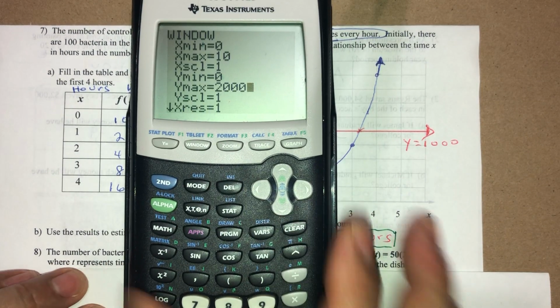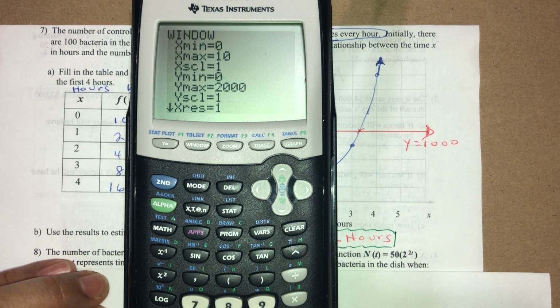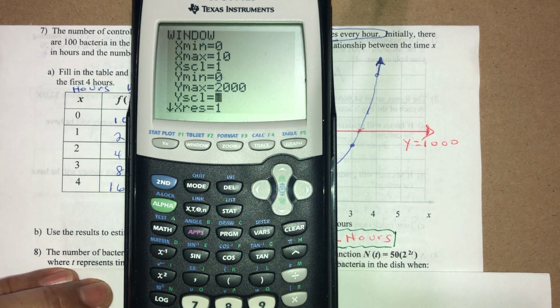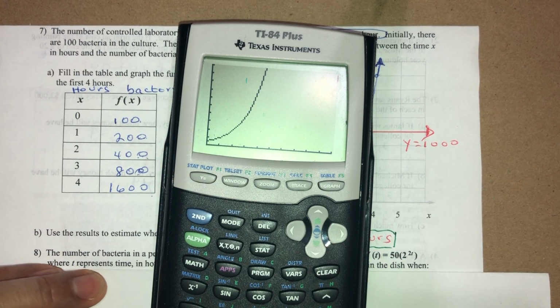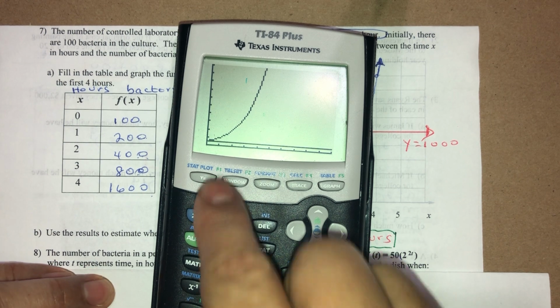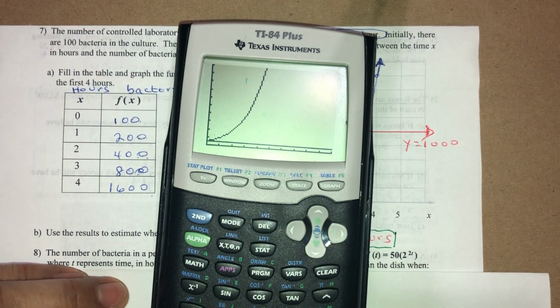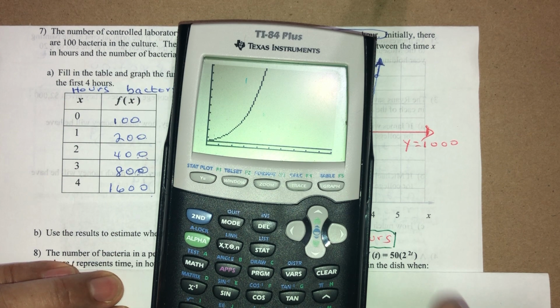Remember that I always tell you to divide by 10. That will give you 200. And now you do graph. Now, see the intersection is right there. Still not quite clear.